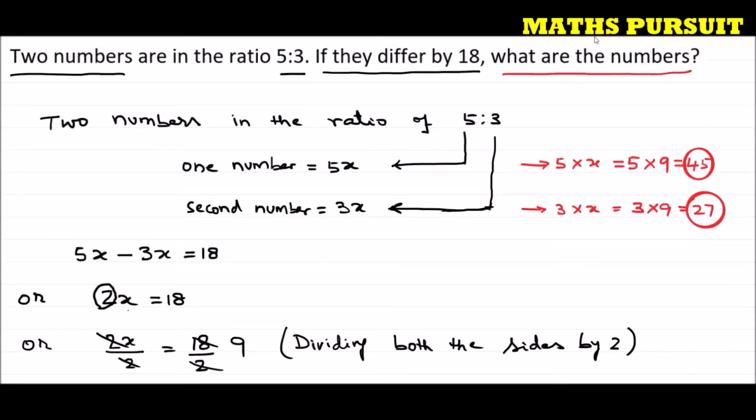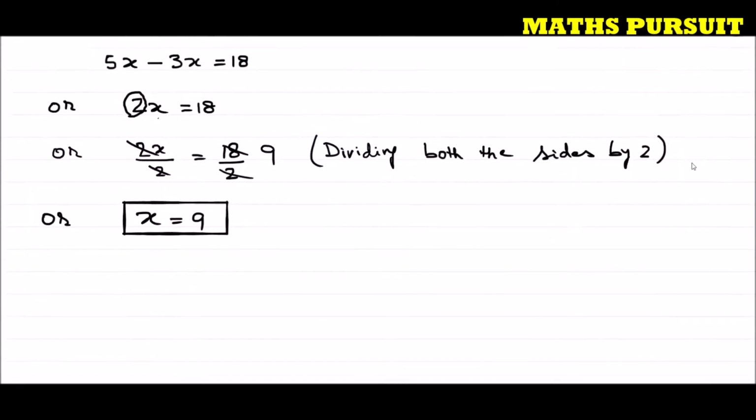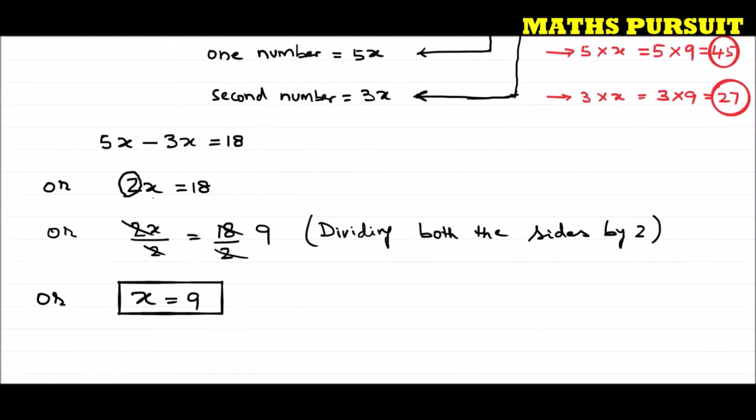So we can write our concluding answer saying that, hence these numbers are 45 and 27.